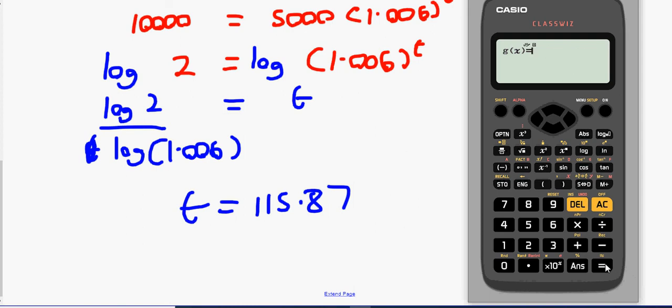Now, you don't know how far to go initially, do you? Some of you might only go from 0 to 20. At the start he has 5,000. After 1 month, he has this much. 2 months, 3 months, 4 months, and so on. After 20 months, he only has this much. And you're like, it's going to be considerably bigger than 20, isn't it?